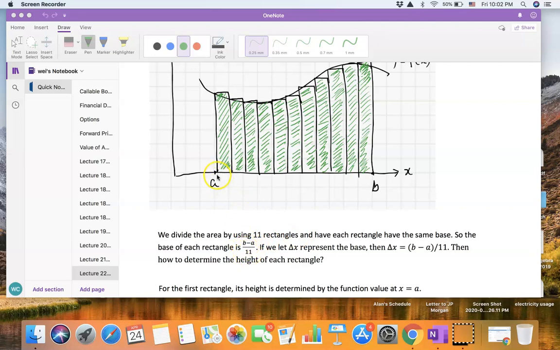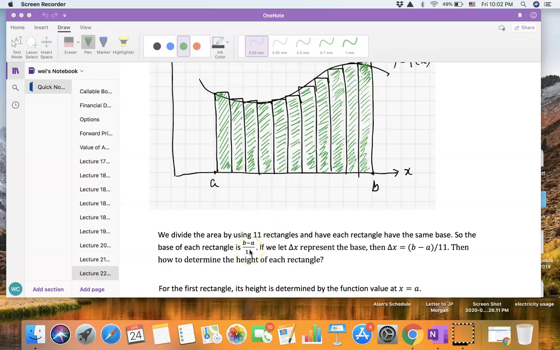Why? Because the length from the point a to the point b is given by b minus a, right? And if I divide this into 11 pieces, the length of each piece is given by b minus a over 11. Now, if I divide this region using 10 rectangles, then the length of the base will be b minus a over 10.